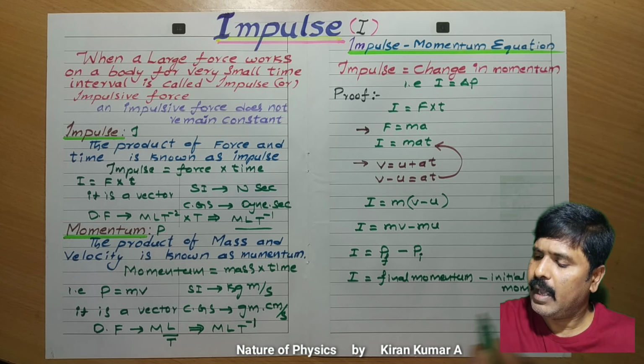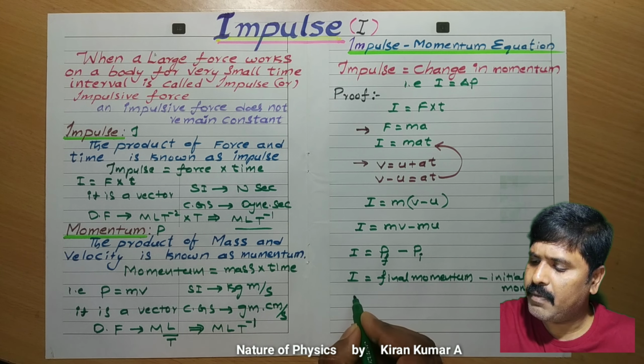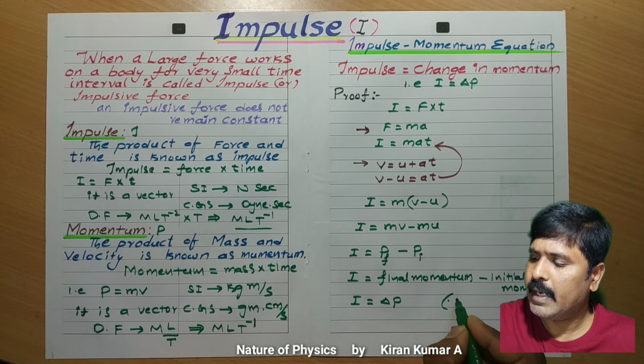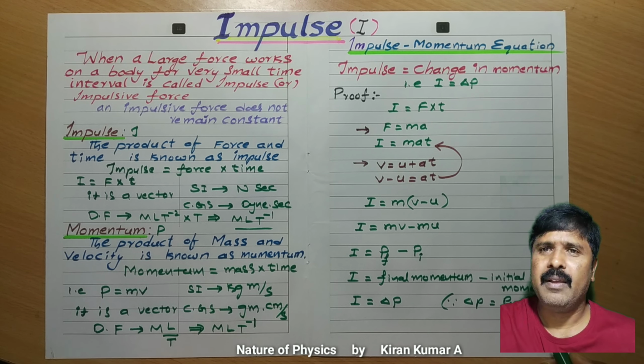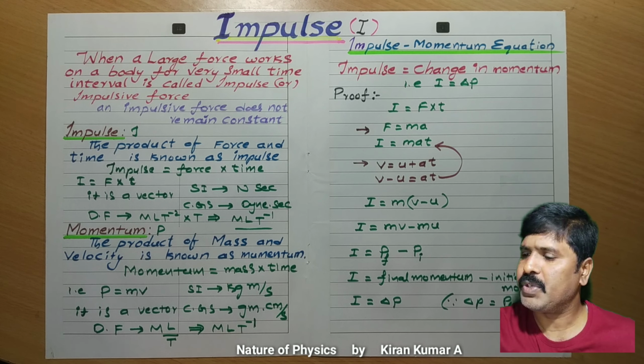Okay, student. And finally I can write I is equal to delta p, student, where delta p is equal to how much, student? Pf minus Pi. Like this we are getting different equations, student.